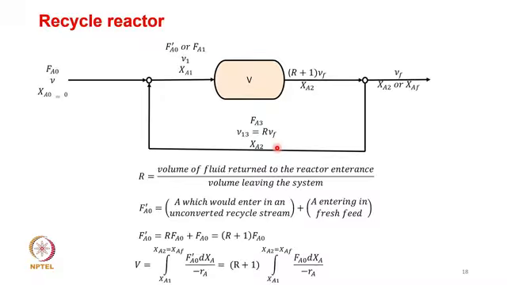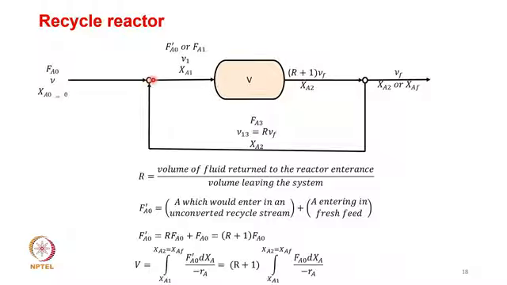Now let us understand: FA naught is the molar flow rate of the fresh feed, V is the volumetric flow rate. At the moment there is no XA naught; XA naught is equal to 0. The recycle stream has XA2 conversion, and the volumetric flow rate here is R times Vf, with FA3 as the molar flow rate.